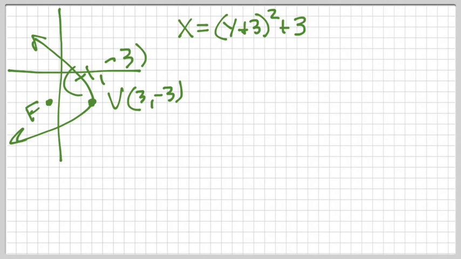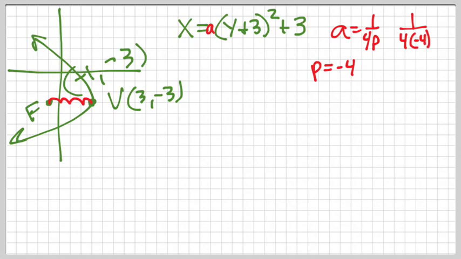We need to find the new a, and the new a, of course, equals 1 over 4p. The p is from the vertex to the focus, so 1, 2, 3, 4. But notice how I went backwards, so p actually equals negative 4. So it's going to be 1 over 4 times negative 4, which is 1 over negative 16.